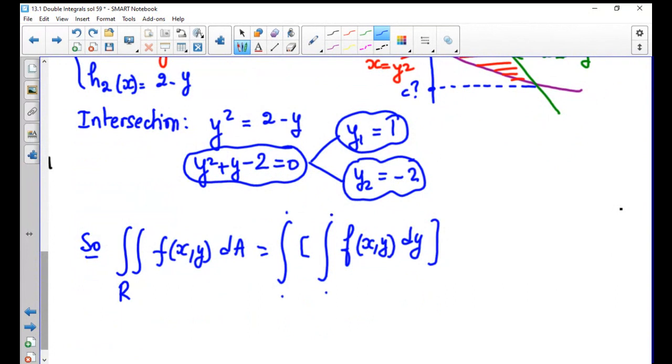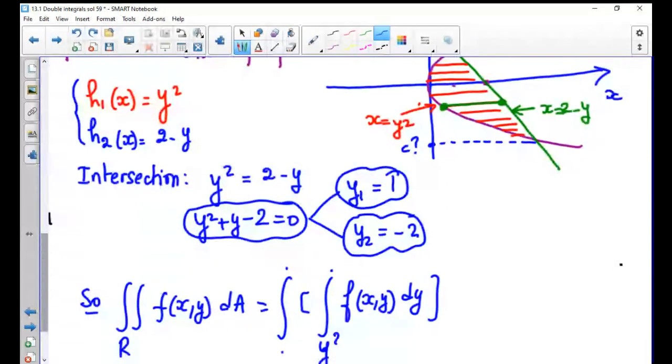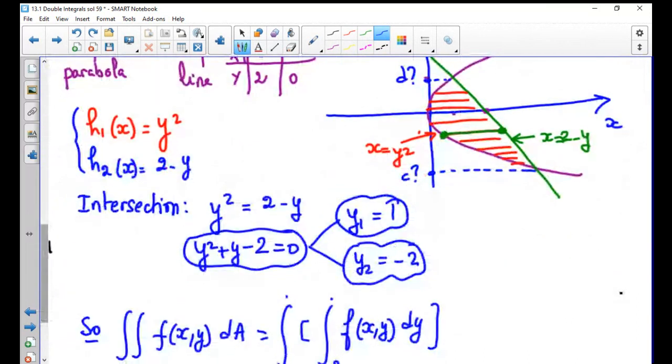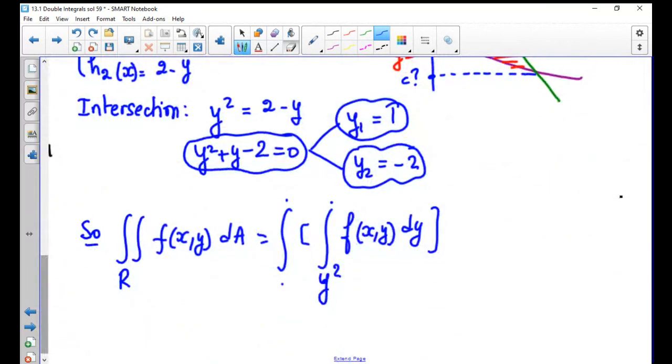What is here? What should I write? These are the curve h1. What is h1 in this case? y squared. Yeah, y squared. So y squared, sorry, it's dx. It's dx.